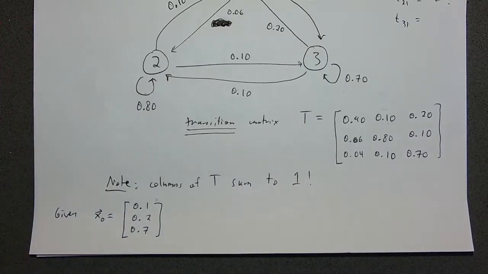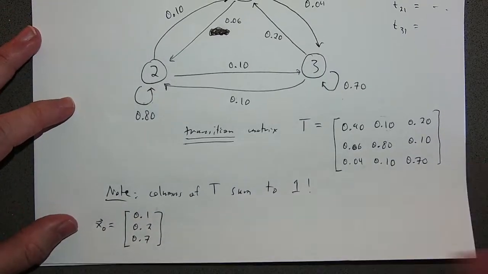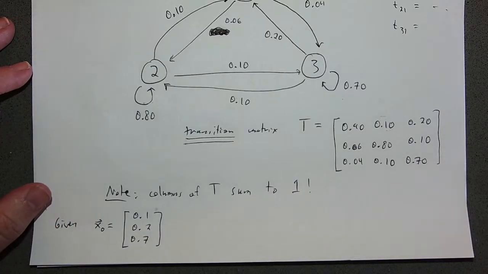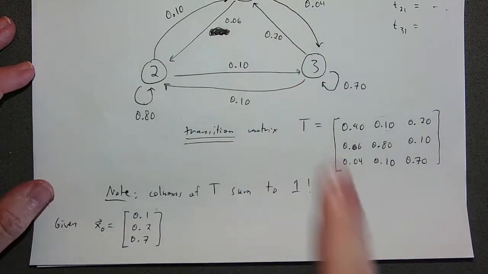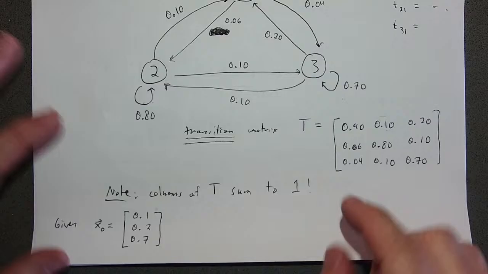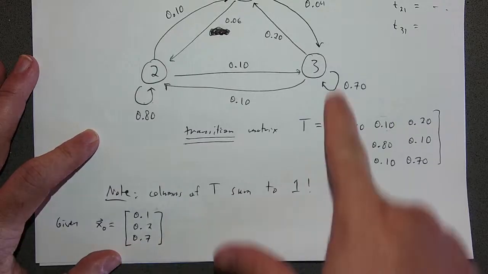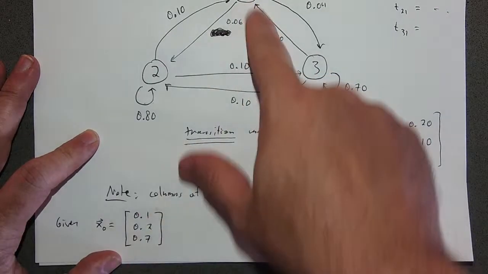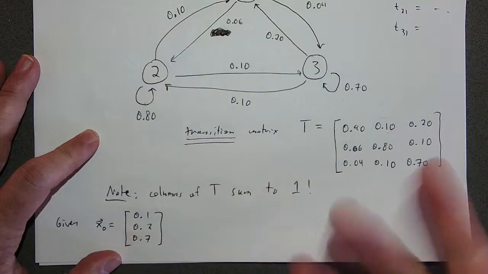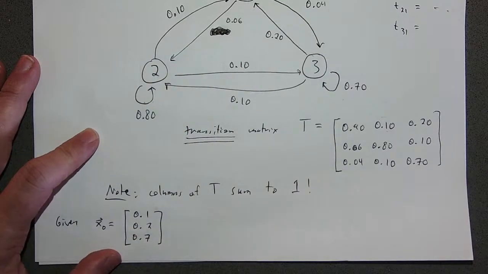What does this tell you? It says if I have a total population distribution of 1, so the total population is 1, that 1 is distributed amongst the three states. Here's state 1, state 2, state 3. So 70% of the population lives in state 3, 10% of the population lives in state 1, 20% of the population lives in state 2. Okay, that's what this says.